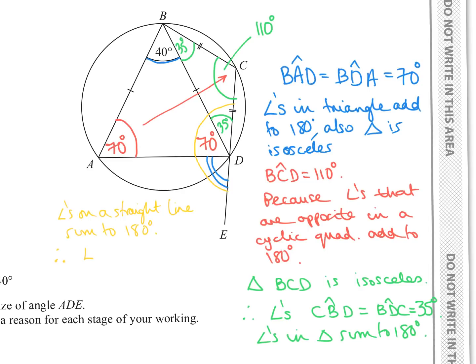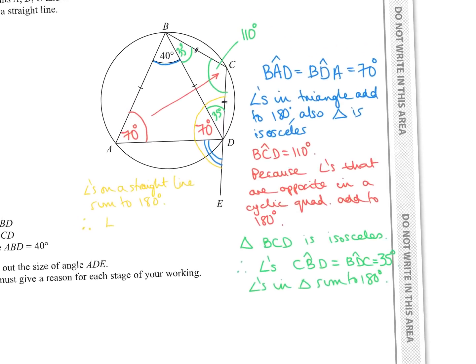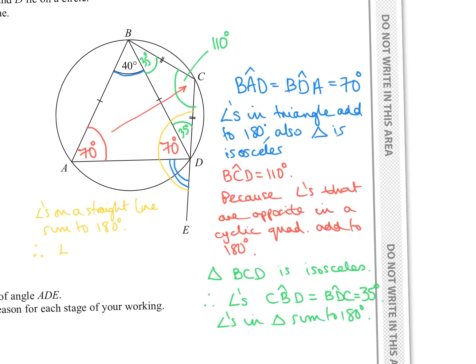Let's have a look. ADE. So therefore angle ADE is equal to, well, we've got 70 and 35, that's 105, so there's going to be 75 left. And so that's going to be our answer.